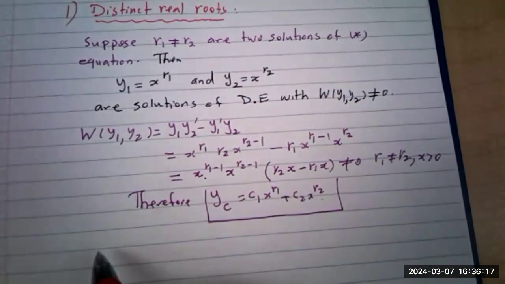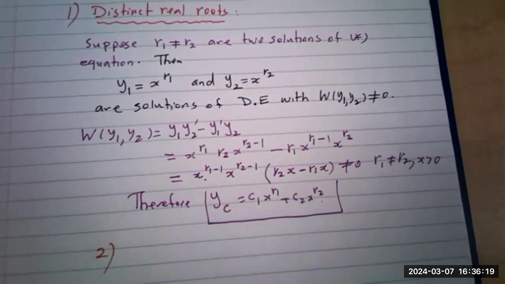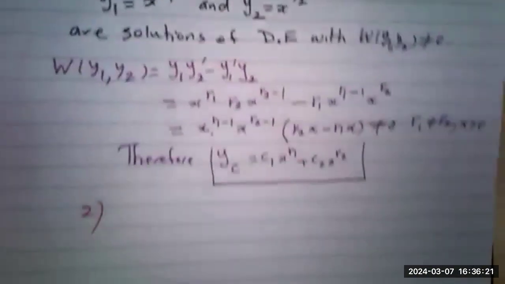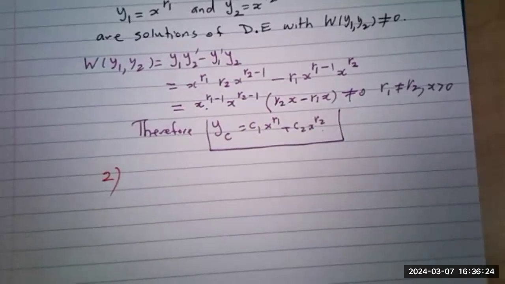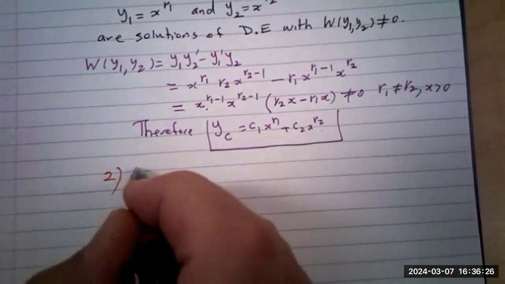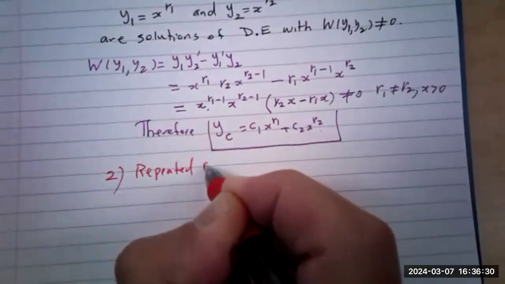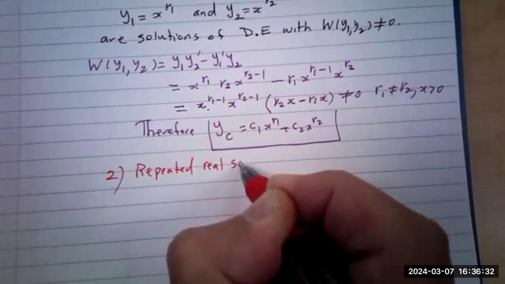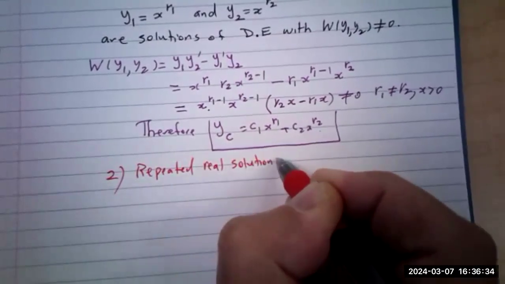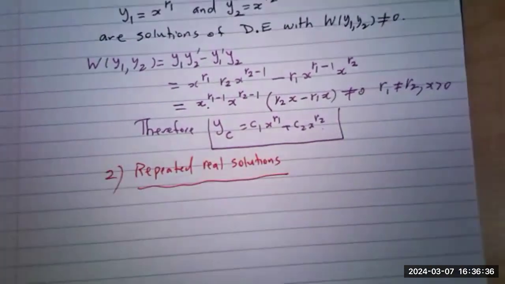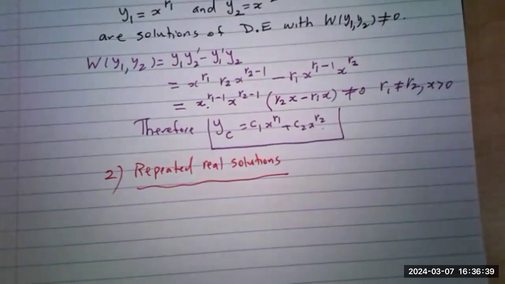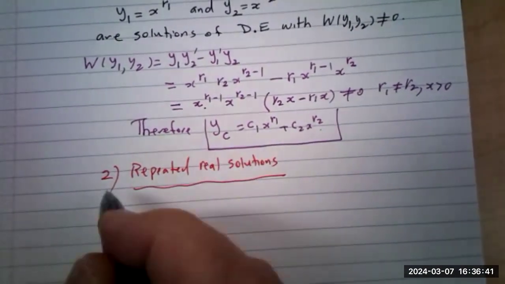The second part is a little bit different. The second case is if you get a repeated real solution. Now suppose r1 and r2 are the same.